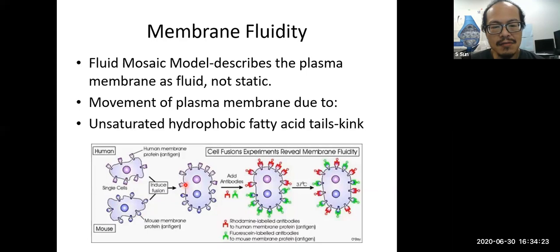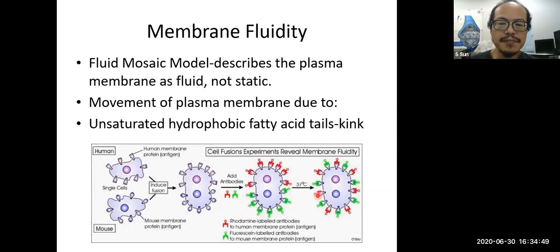When they merge together, they have a red and a blue. If we put the antibody to it to label it, then they will label green and red on two sides. But give it time, this will be flowing around, and it will be evenly distributed in the membrane.